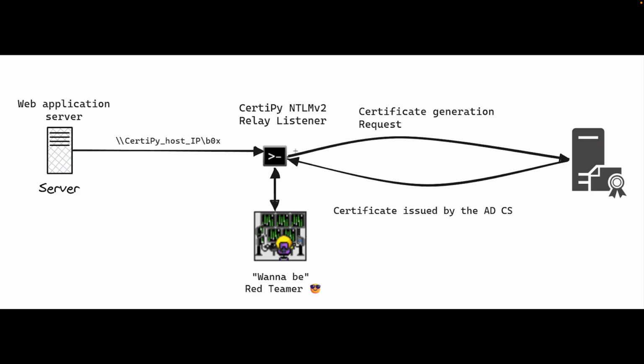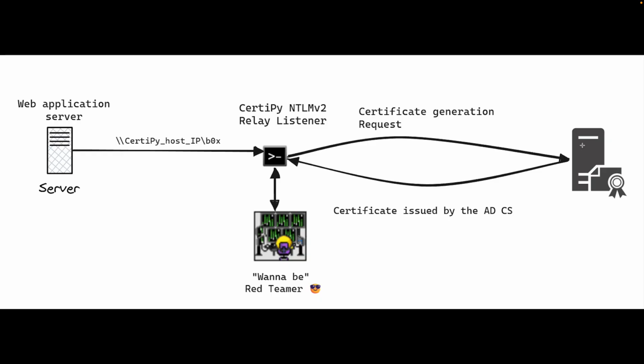We capture the NTLM v2 hash and relay it to the ADCS web enrollment endpoint. Once the request from this web application server is triggered to our relay listener, the NTLM v2 hash of the machine account will be captured, and we will relay this machine account hash to the ADCS web enrollment endpoint.